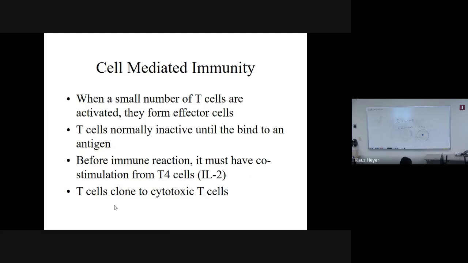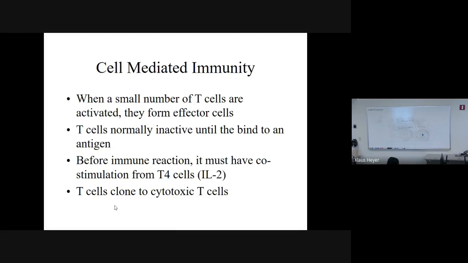Cytotoxic T cells use perforin and granzymes, just like natural killer cells, same thing. They've got the same weapons, it's just that cytotoxic T cells only kill one specific thing, but a whole bunch of them.